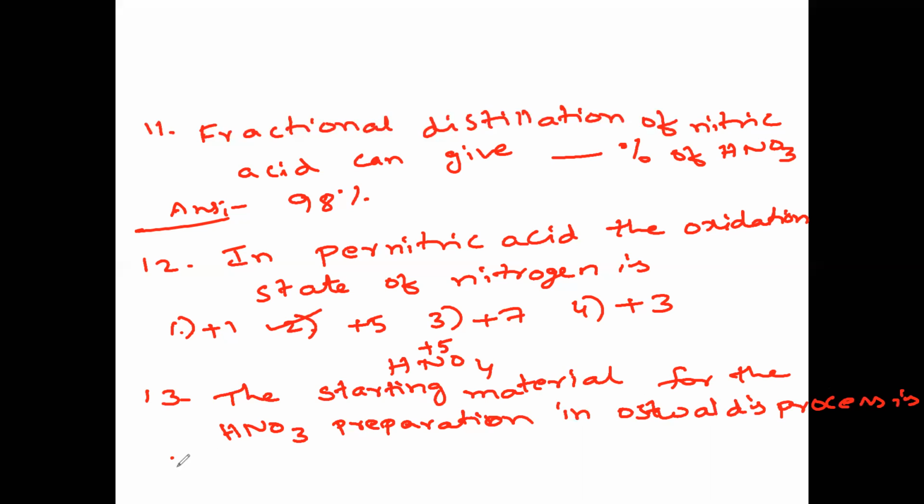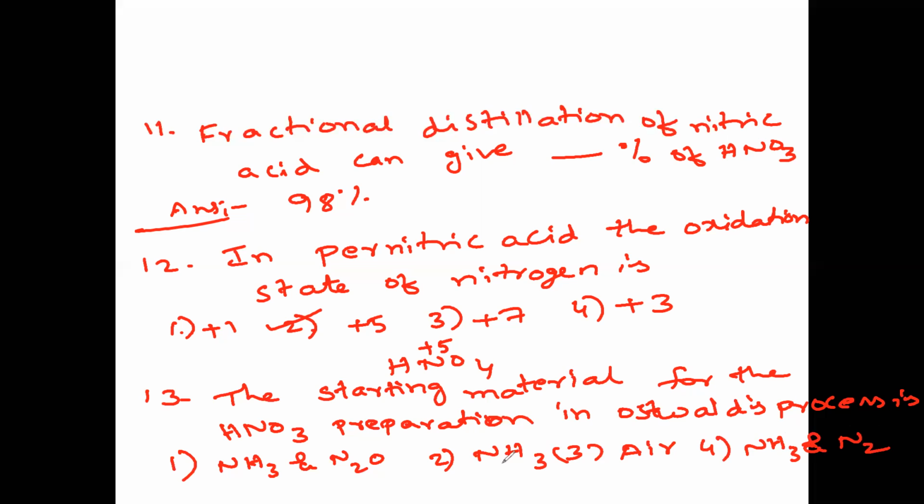This is also a previous competitive question. I'm writing the options now, please note them down. Option 1, ammonia and N2O. Second option, only ammonia. Third option, A. And fourth option, ammonia and nitrogen. So the answer is only ammonia because NH3 plus O2 gives rise to the Ostwald process. So this kind of question is very, very important.